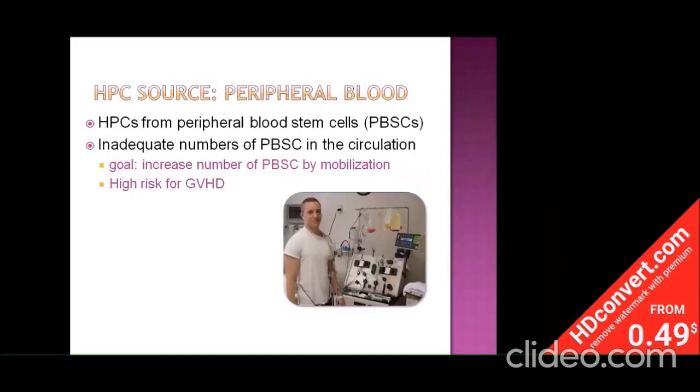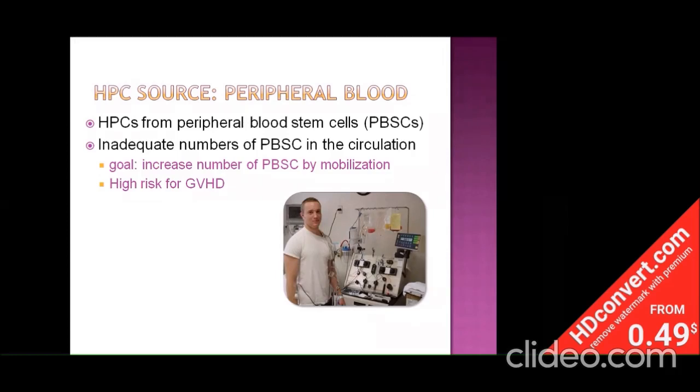And this is about the peripheral stem cells, called PBSC. Peripherally, we collect the stem cells. But the disadvantage is that in peripheral blood the stem cell numbers can be inadequate, and sometimes we don't get the expected cells and may need multiple collections.